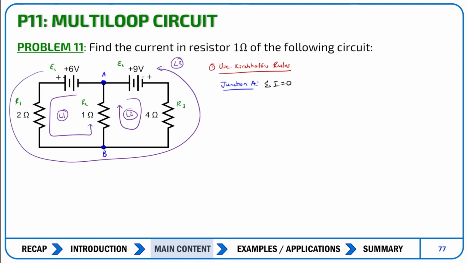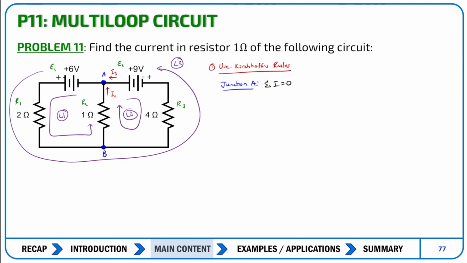I know current's going to flow from positive to negative, and then it looks like the current's going to go in this way. So this is I2. Now I take a look over here for this loop. I'm just going to assume this goes this way, and I have I3.